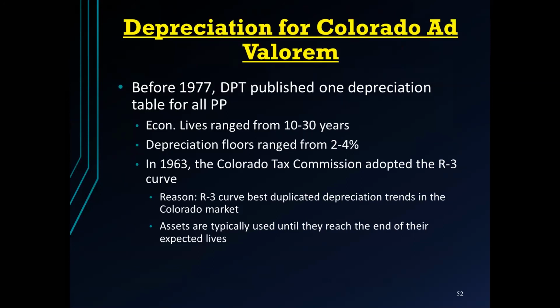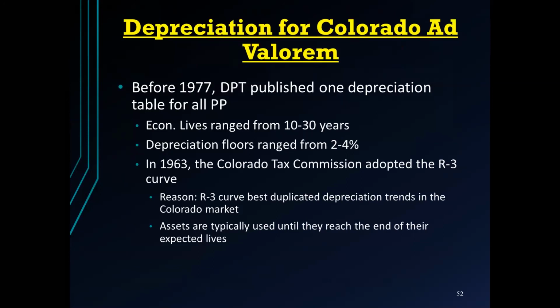I think what they did, if I remember correctly, is they actually asked the local county assessors to give them data and say, look, you have assets that are being depreciated. When are they actually being taken off the books? When are they being sold, disposed of? What's their retirement? And the conclusion was that most assets fit the R3 curve.